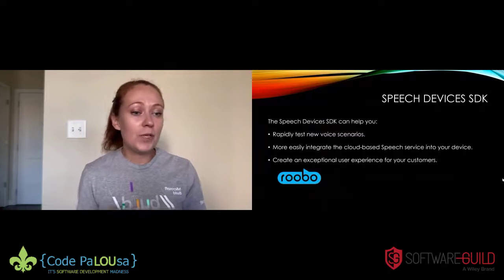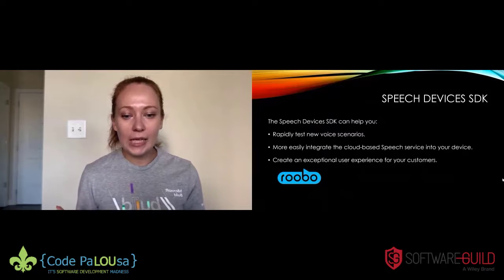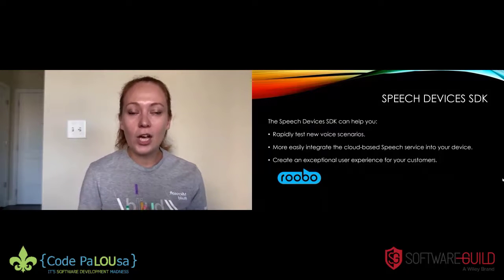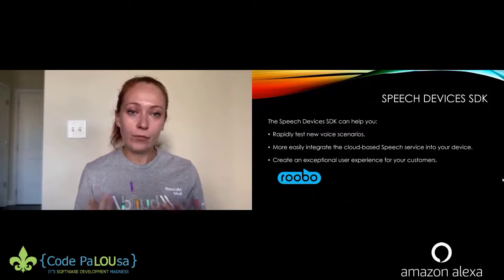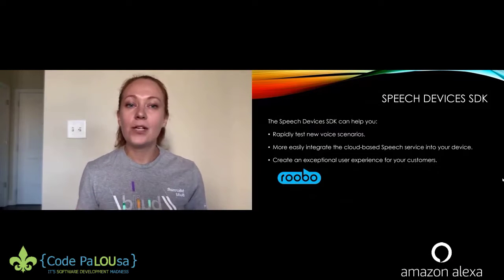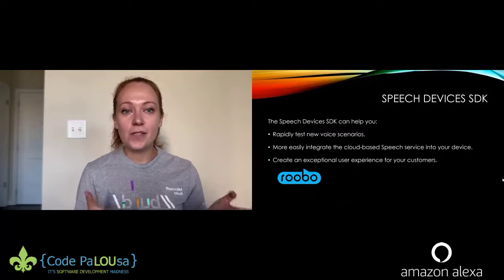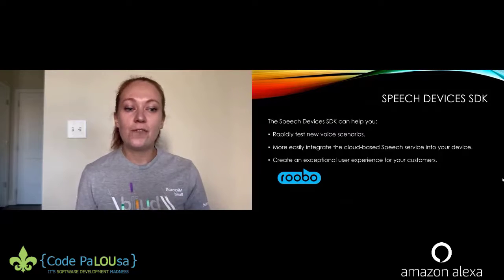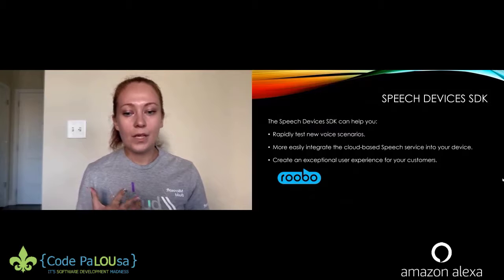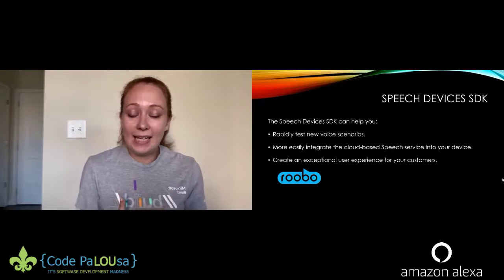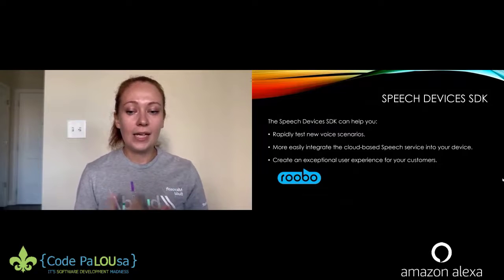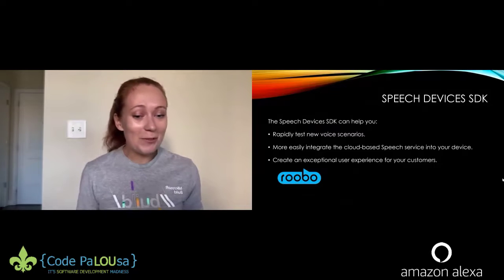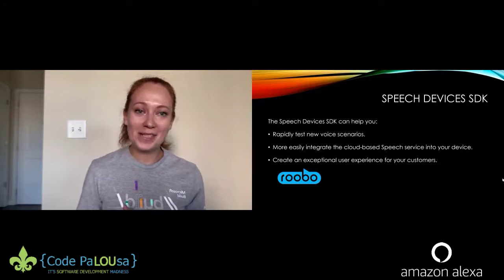Now let's move to the Speech Devices SDK. Really quick here, Microsoft partnered with a hardware company called Roobo, and Roobo actually released a bunch of devices that are specifically supporting the Speech Devices SDK. It can help you rapidly test new voice scenarios and create an exceptional user experience for your customers.